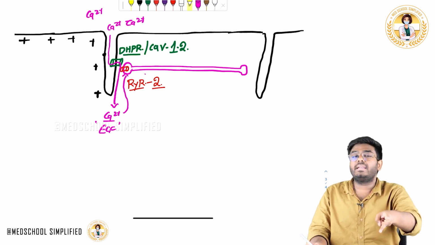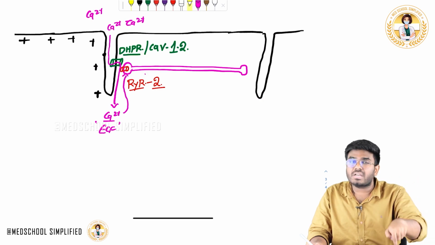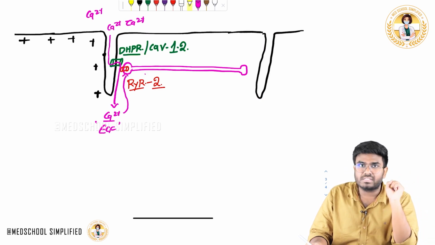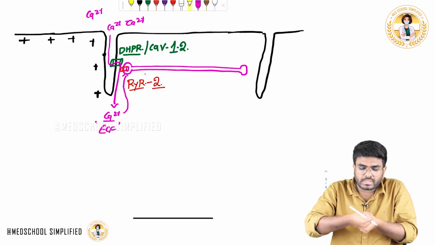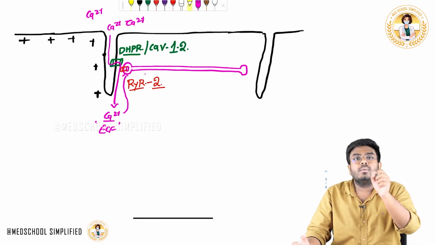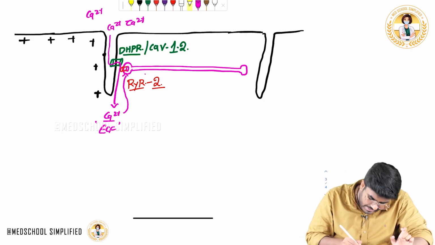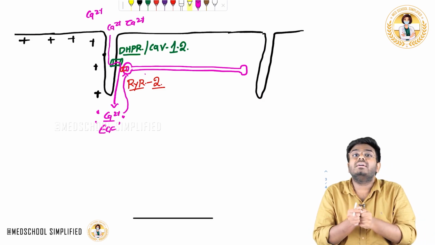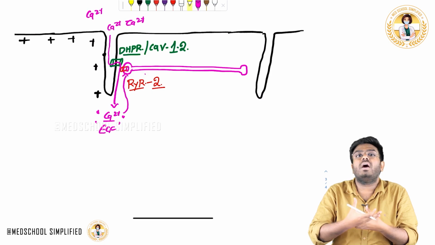It's not a mechanical interaction which is causing the opening of the RYR channel, but the calcium that came from the extracellular fluid. So now the RYR channels are opened wide. The calcium which came through the DHPR channel is very, very less, but this is the real calcium which will cause the opening of the RYR channels.